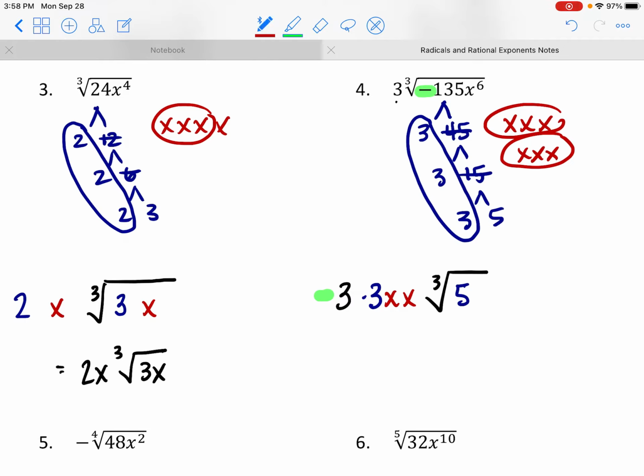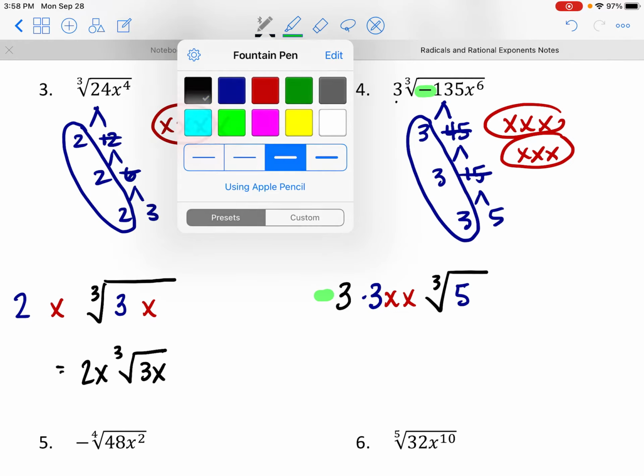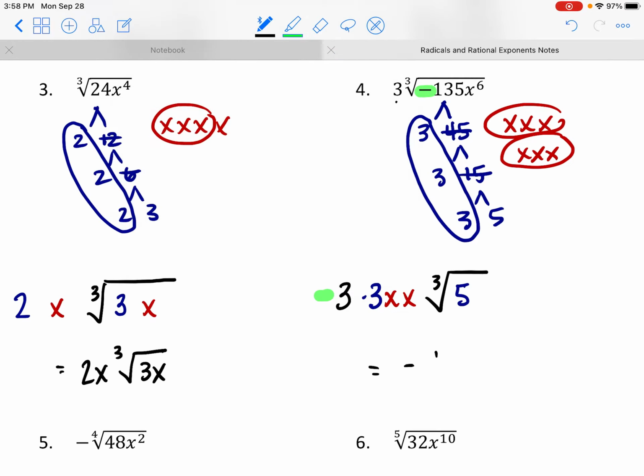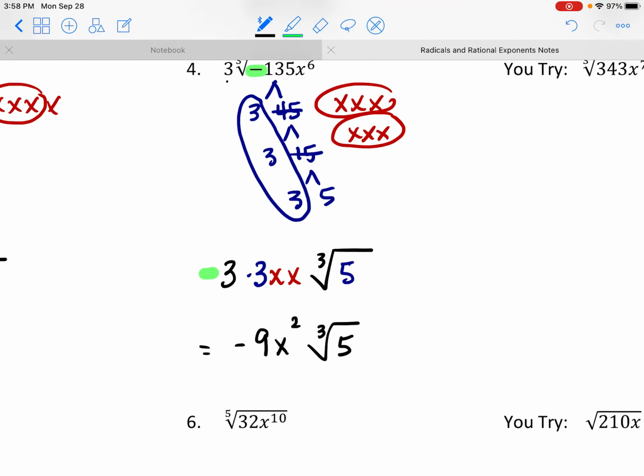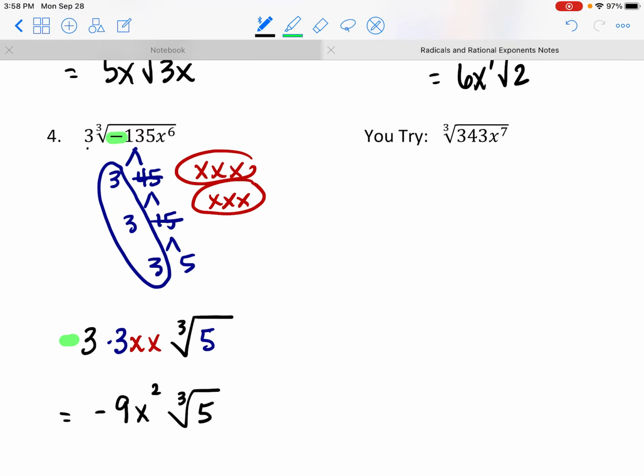So my final answer is going to be a negative 9x squared in front of the cube root of 5. Okay, organize the work. Shouldn't be too terrible of a process. All right, again, this is a good opportunity for you to try one out.